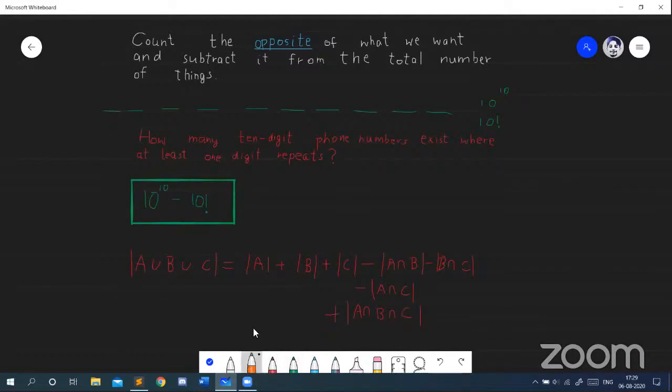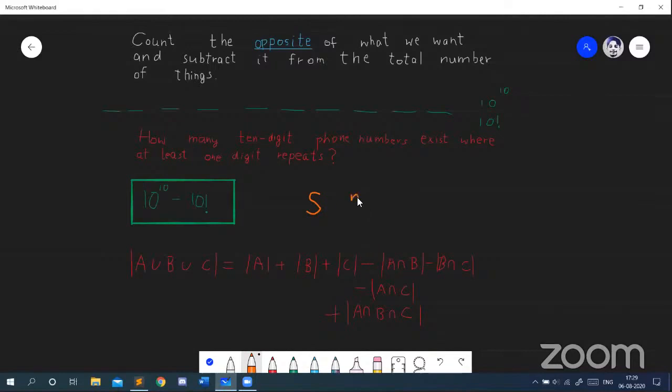But first, let me do the easy case, right? Imagine you had a set of numbers, let's say some set of numbers S, and I asked you how many numbers in the set are divisible by 6, and you know the number of numbers in the set which are divisible by 2, and you know the number of numbers which are divisible by 3.